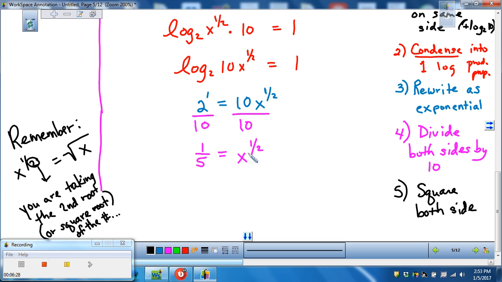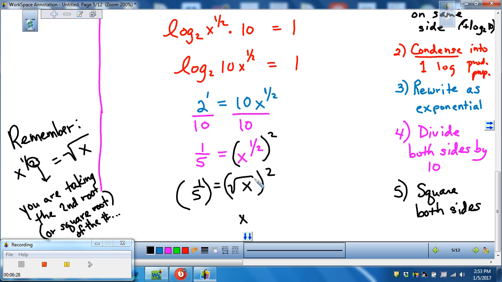If you want to rewrite it, you don't have to, but you can rewrite it as the square root of x equals 1/5. So how do we undo a square root? We square both sides. If I square both sides of the equation, when I raise 1/2 to the second power, I'm really multiplying 1/2 times 2, which is 1.